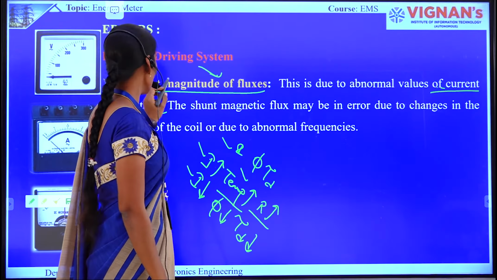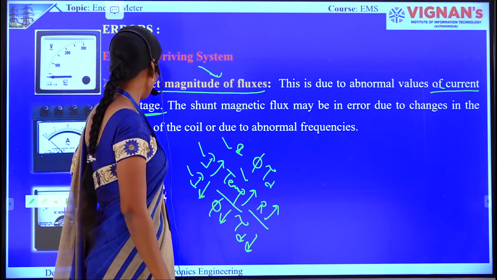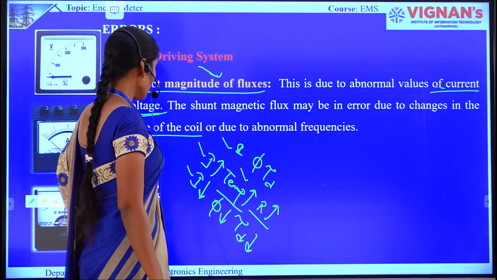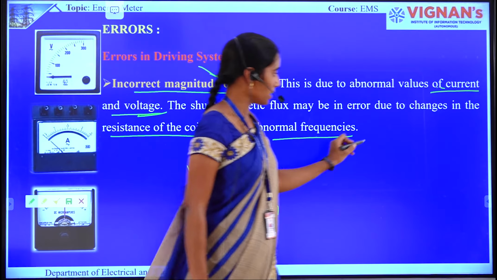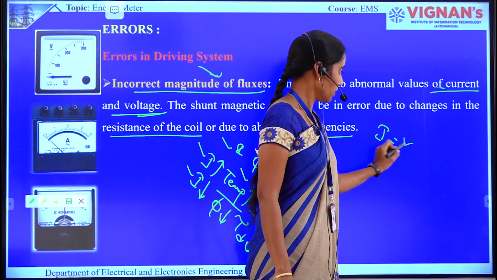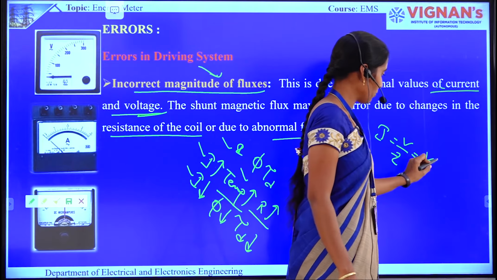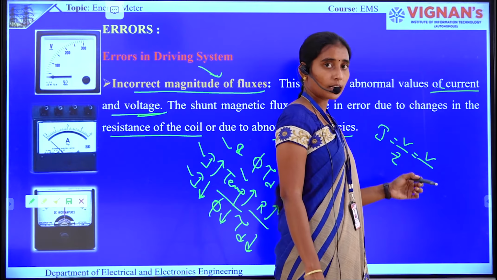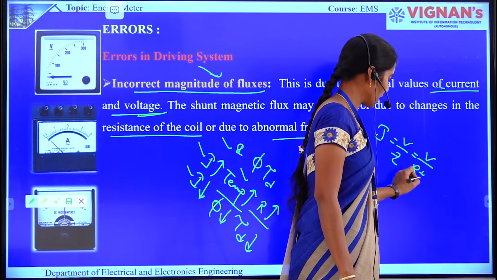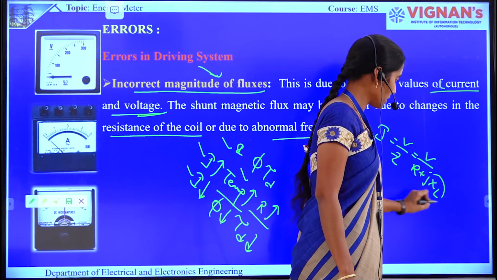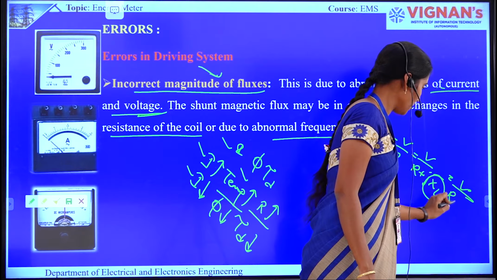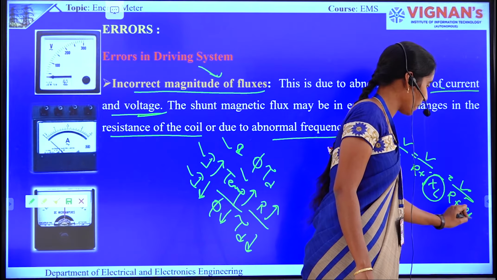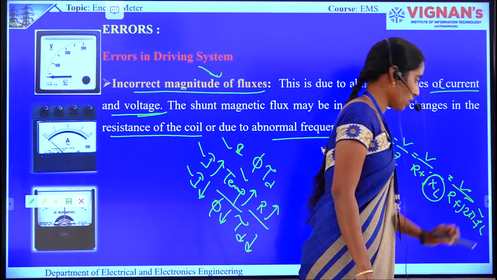And moreover, this incorrect magnitude of fluxes can be due to the change in the resistance of the coil as well as the frequency, because I equals V by Z. Since the coil is inductive in nature, Z will be R plus j XL, where XL is your inductive reactance, which is 2 pi F L, where F is your frequency.